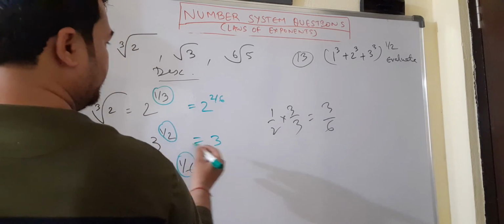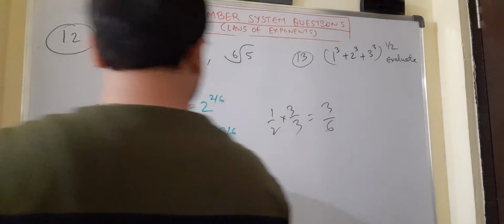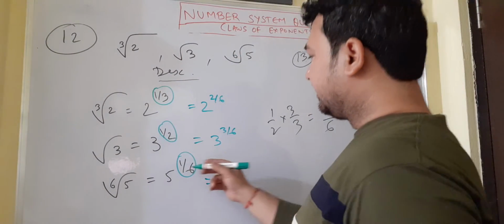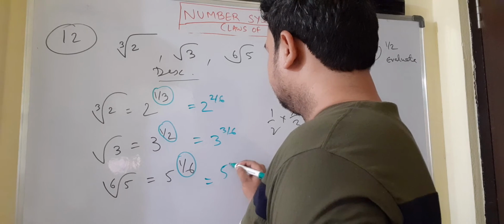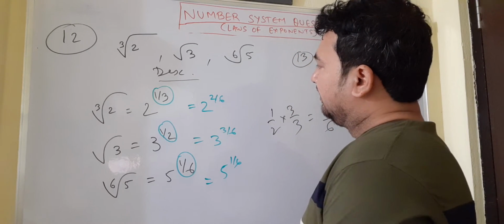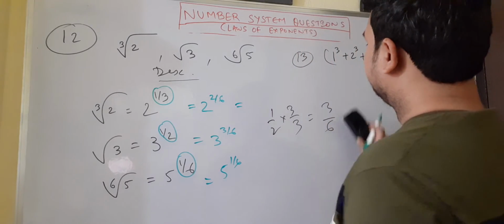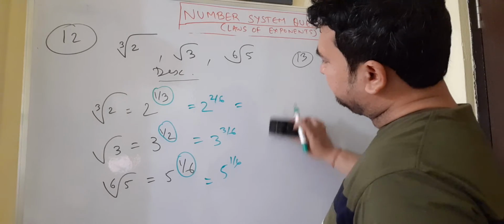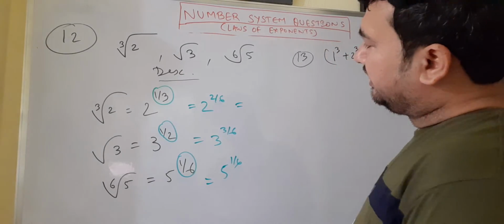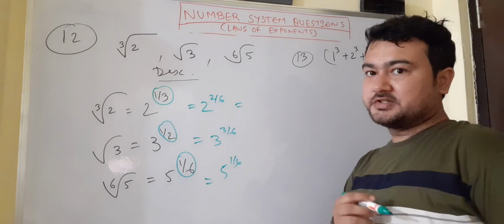So 3 to the power 1 by 2 is 3 to the power 3 by 6. This is already 1 by 6, this is already 1 by 6. So here you have power 2 by 6, power 3 by 6, power 1 by 6.